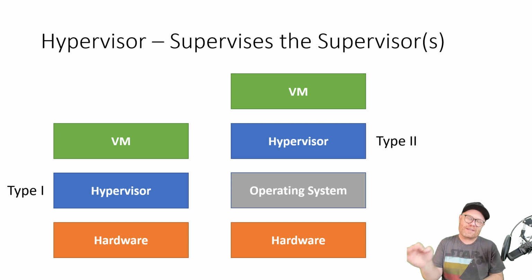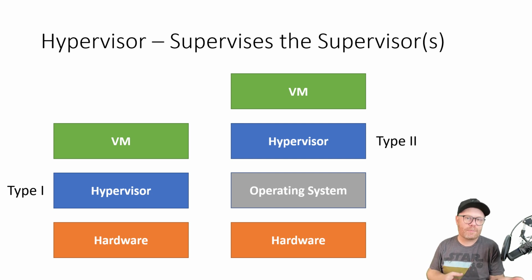One other thing we should probably quickly cover, I've used the word hypervisor a few times. The way to think about a hypervisor, operating systems supervise all the processes that are running on a particular system. Well, what do you call the thing that supervises the supervisors?